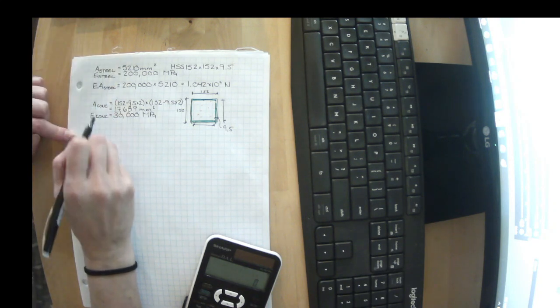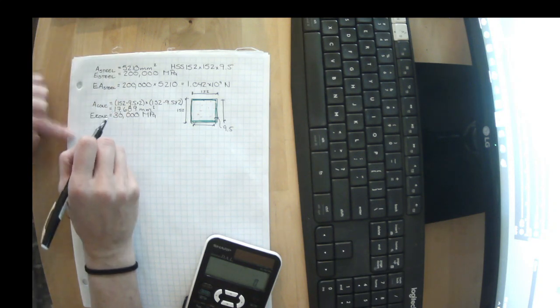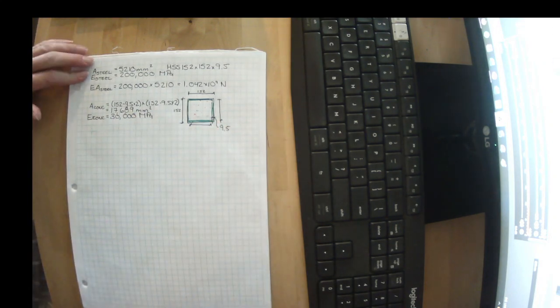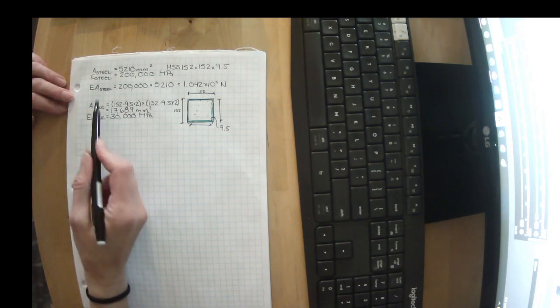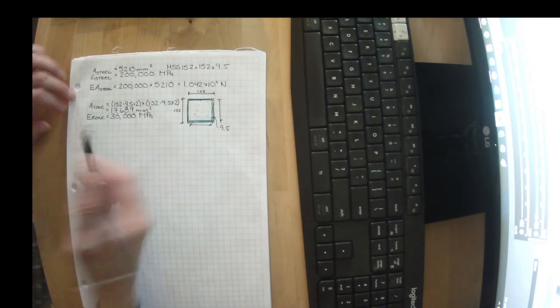So as much as the area of the concrete is 3 times as big, the stiffness of the steel is 7 times as big. I'm going to revise my guess. I'm going to guess that maybe more load goes to the steel. I don't know how much, but I think I'm closer to the steel taking more load now.